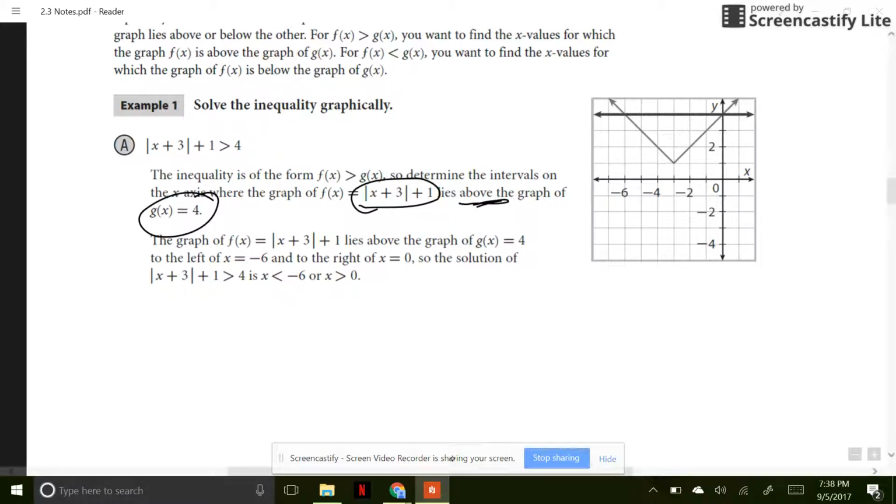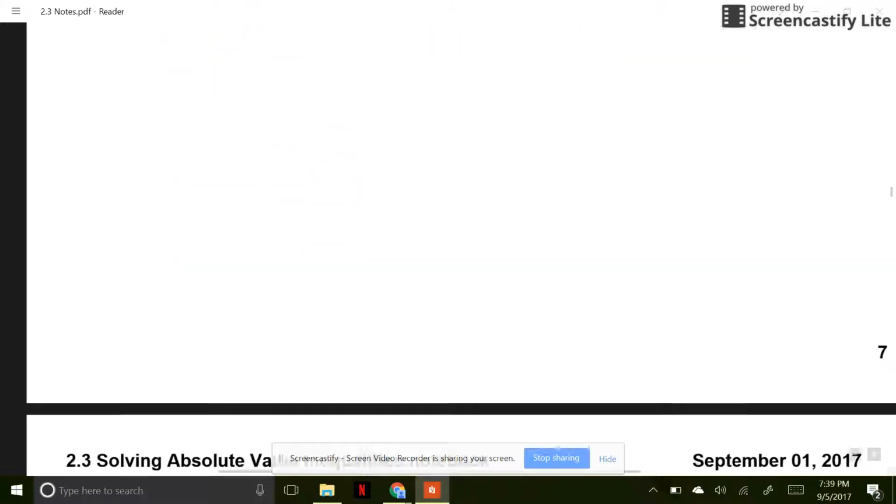So if we look here, it lies above 4, and if we look over in this section, it lies above 4. So that's the values left of x equals -6 and to the right of x equals 0. So the solution is x is less than -6 or x is greater than 0.